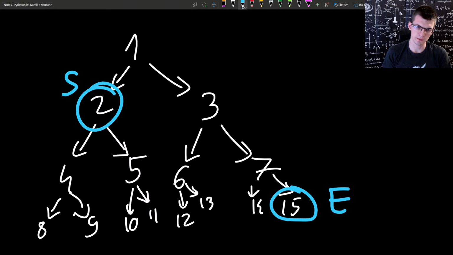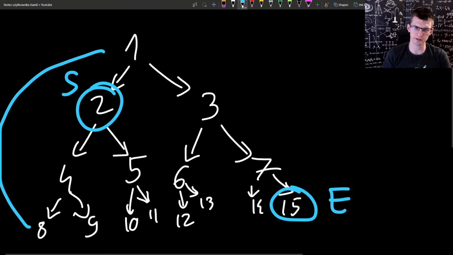Can I, if I just smartly choose edges from those, maybe from every leaf, one edge will be to vertex 1 and one to something completely else.